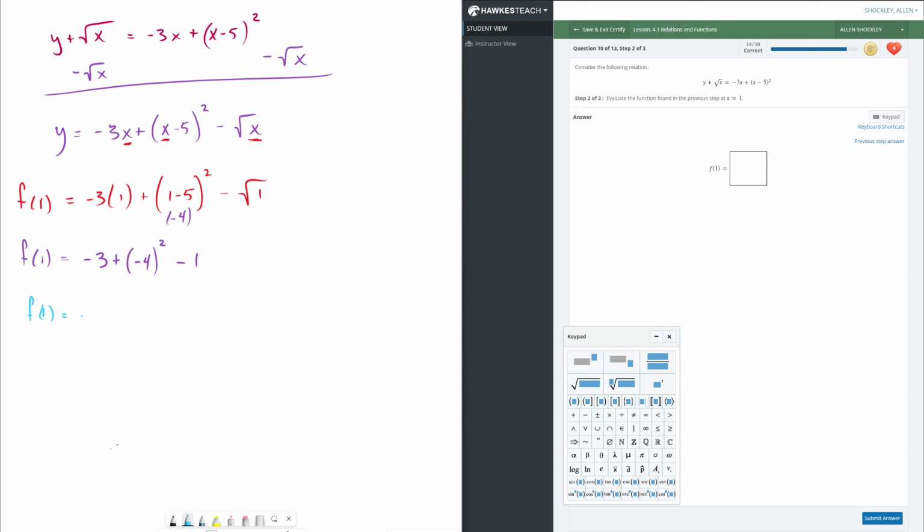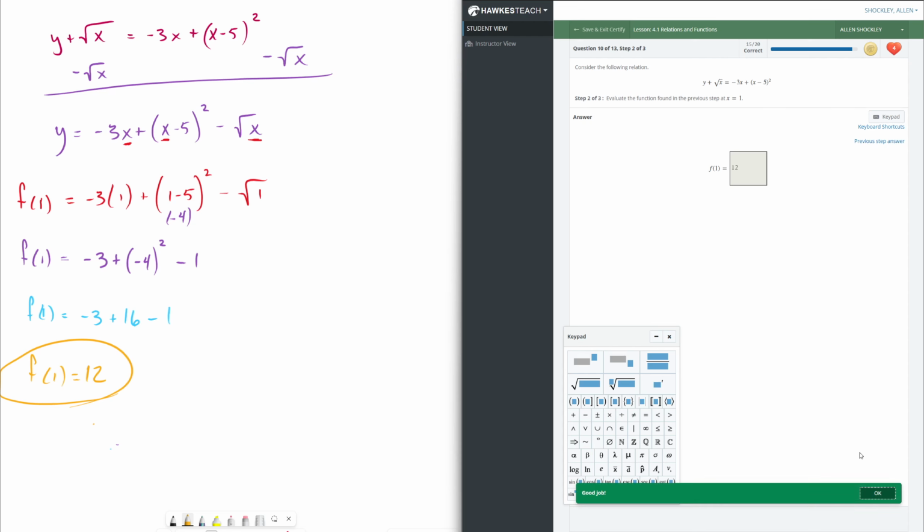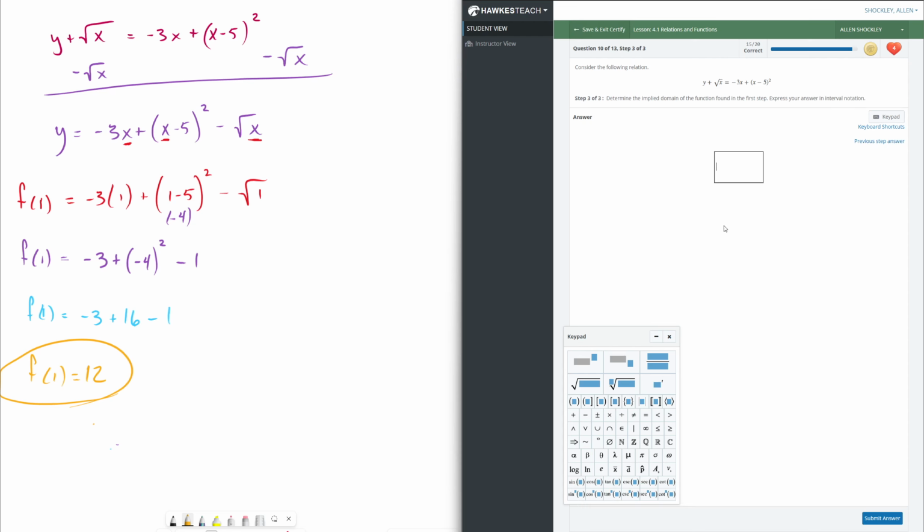F of 1 equals negative 3, plus negative 4 squared is 16 minus 1. Last but not least, f of 1 equals 16 minus 3 minus 1, so 16 minus 4, which is 12. So 12. Submit. Go.